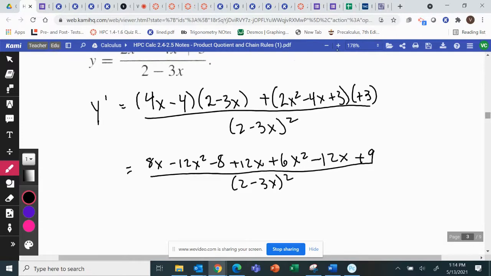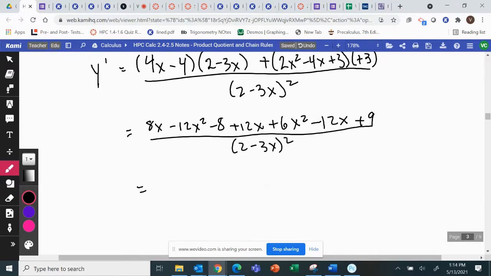So after I FOIL it, then I'm going to combine like terms. I'll put them in order. I think I'm pretty much done now.